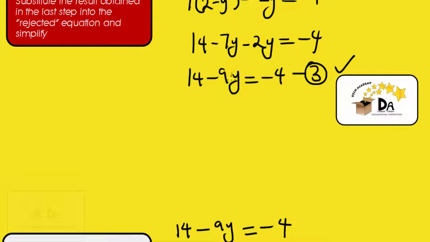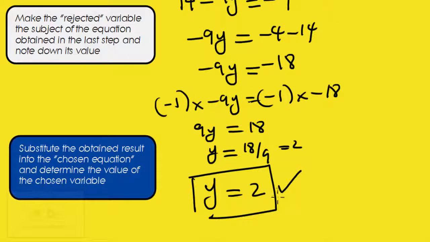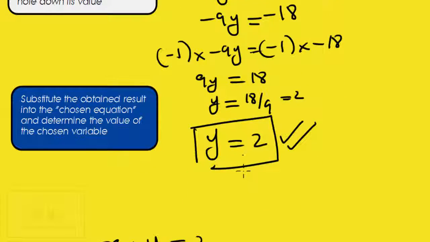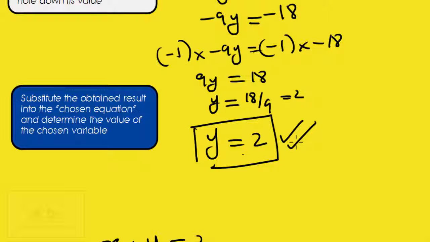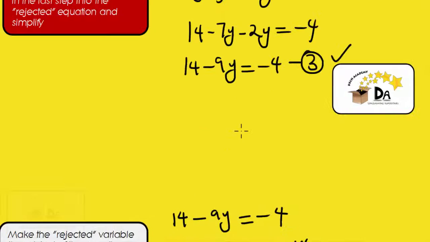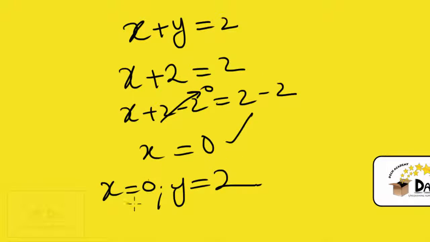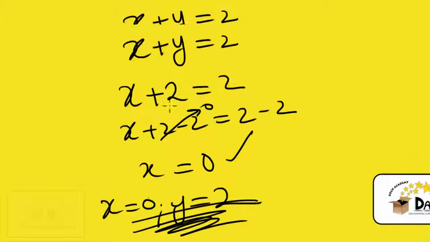Make the rejected variable the subject of the formula, and by doing that, you have its value. And then to find the other variable's value, substitute this result into the chosen equation. And that gives x equals 0. So we now have the two results. So that's all it is.